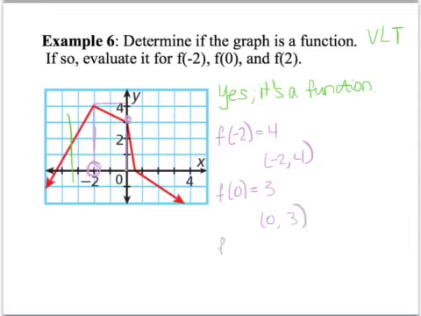Okay, I want you to find out what is f of 2. So when x equals 2, what value do you have for y? All right. Hopefully you had enough time and you see that it is 1. So it's the point 2, 1.